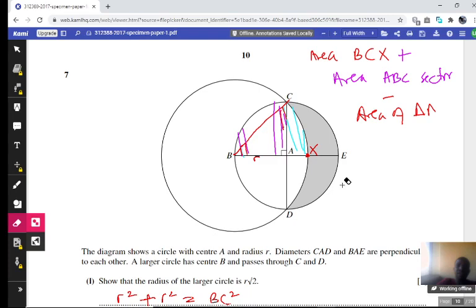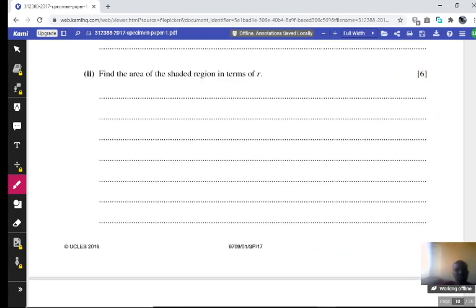Take note of that, right? This one is r root 2, like this. Right, let's move on. So you say area of sector BCX with the radius r root 2.